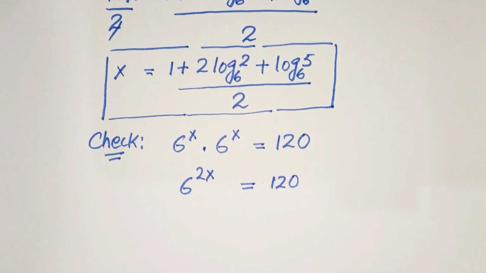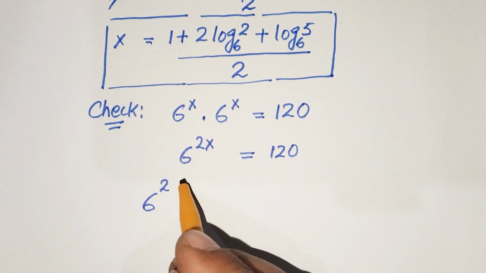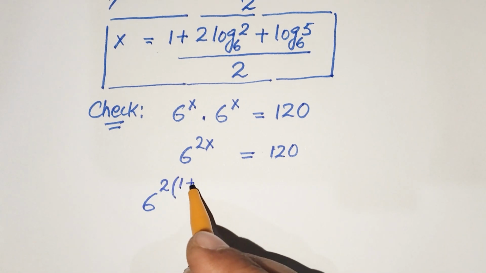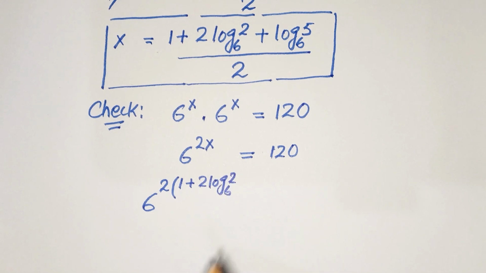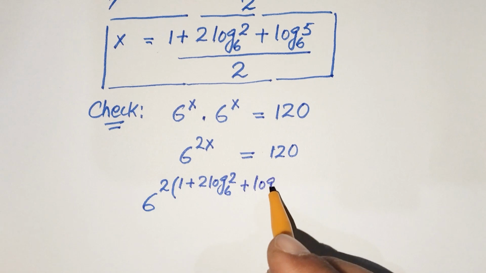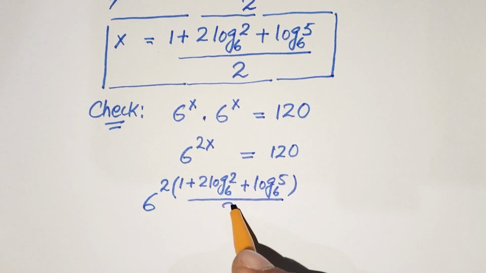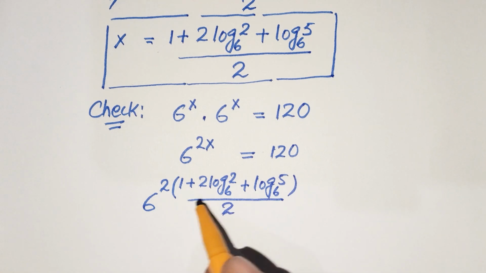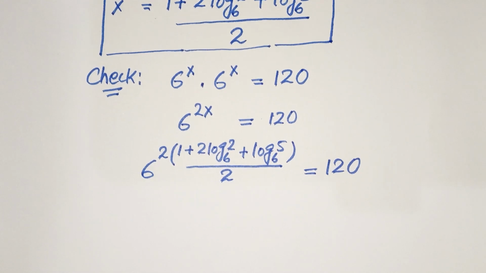Now putting the value of x, 6 raised to the power 2 times 1 plus 2 log 2 with base 6 plus log 5 with base 6 all over 2 is equal to 120. Now we can cancel this 2 with 2.